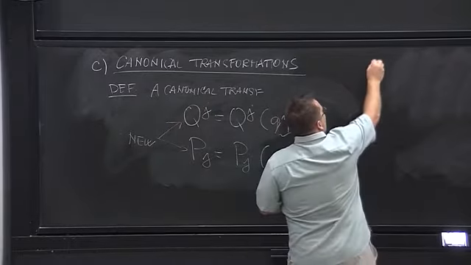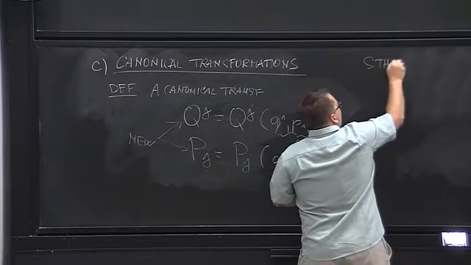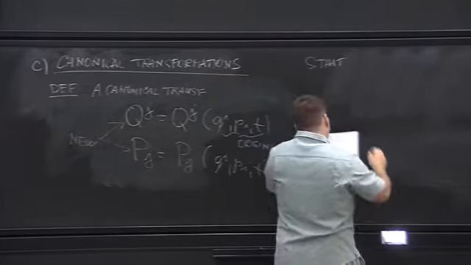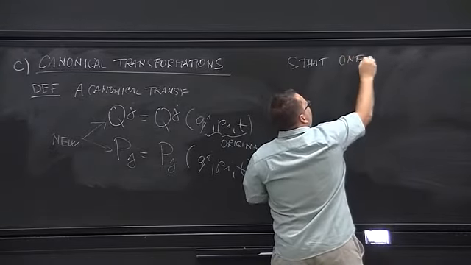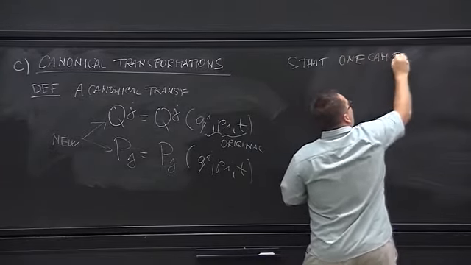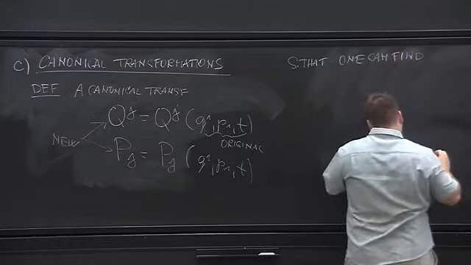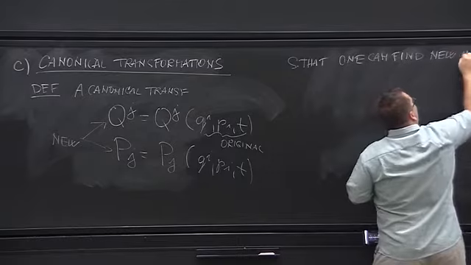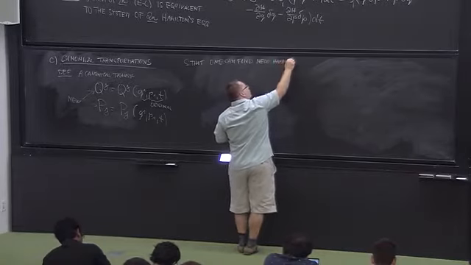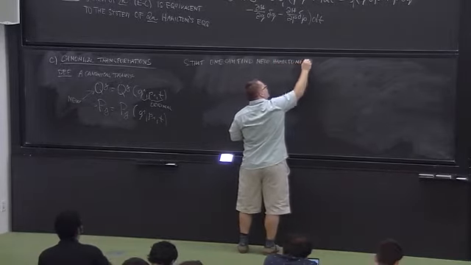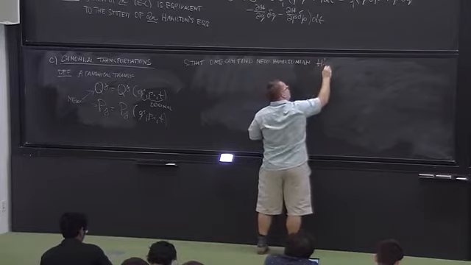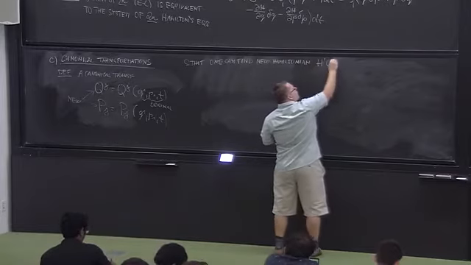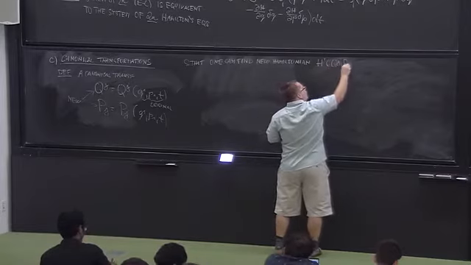Such that one can find a new Hamiltonian, let's call it H prime now, as a function of Qj and Pj and t.